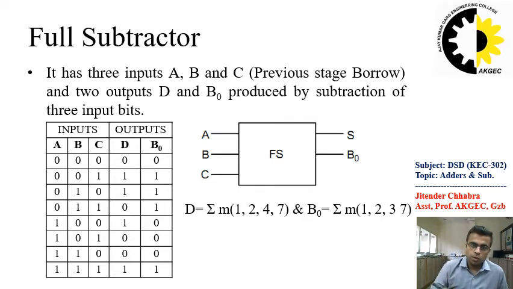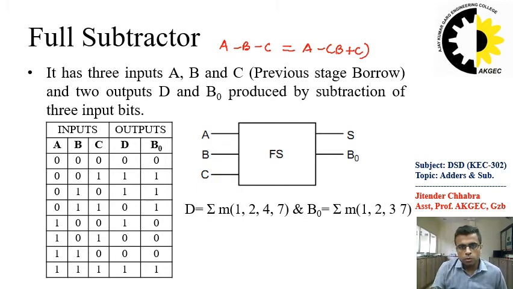So actually what we will be doing here, we will be doing this A minus B minus C. Or we can write it as A minus B plus C. Actually we will be doing this.